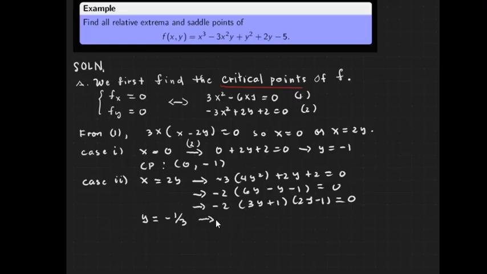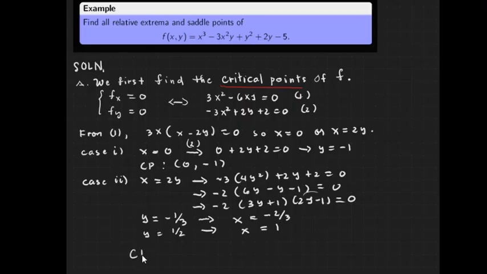Its corresponding x-coordinate must be twice this number, so negative 2/3. And when y is 1/2, the solution to the second linear equation, 2y minus 1 equals 0, we have x equals 2 times 1/2, or 1.